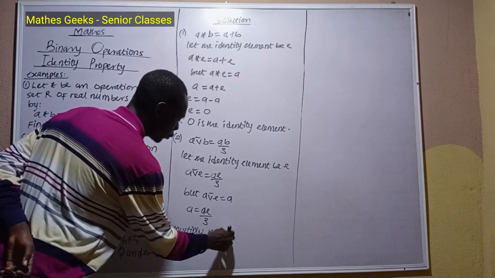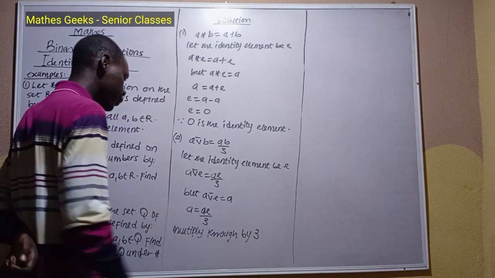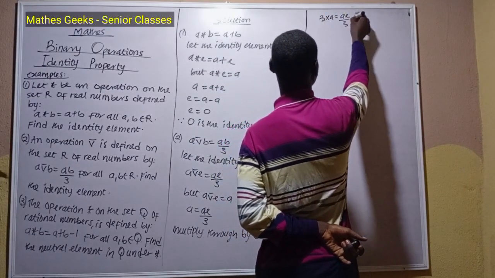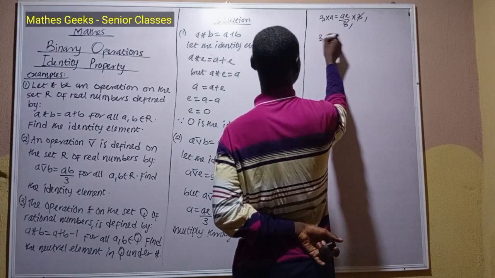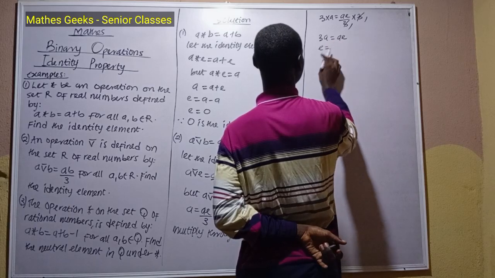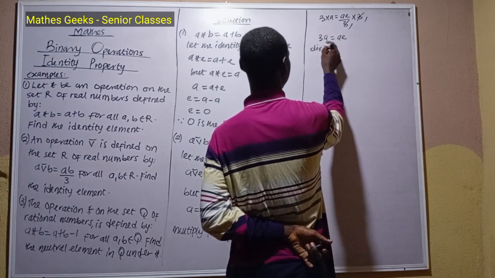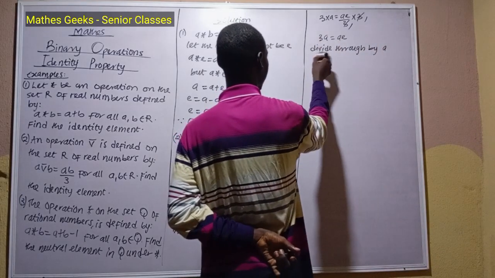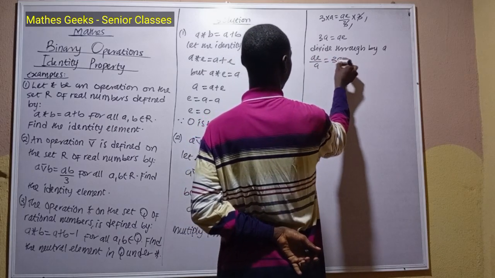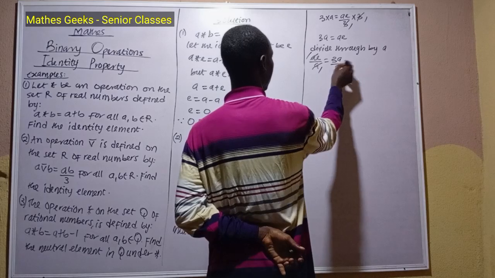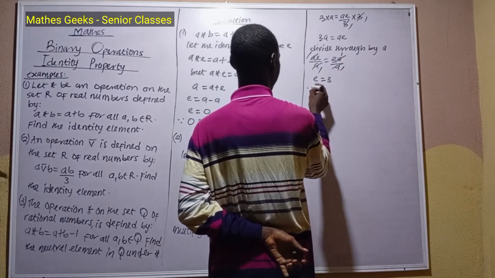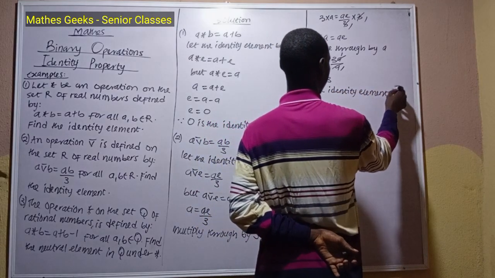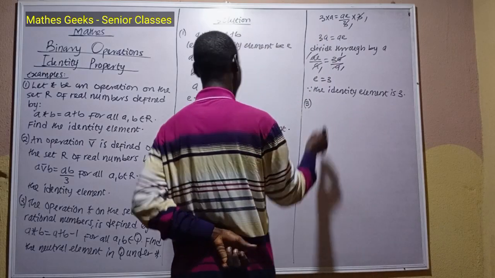So 3A equals AE. Then E is equal to 3A over A, so E is equal to 3. Therefore, the identity element is 3.